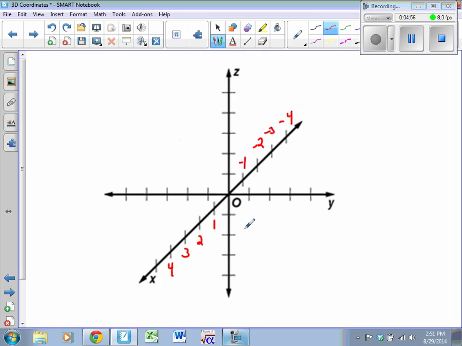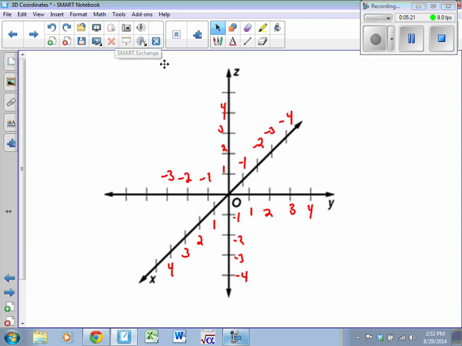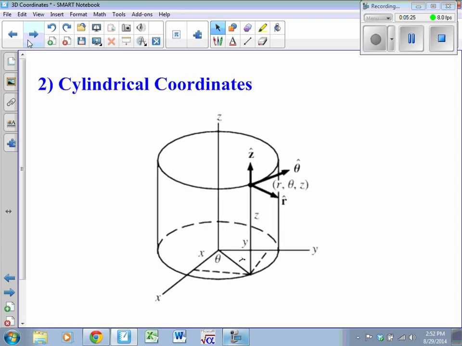And the y's and z's are just like we're used to: 1, 2, 3, 4, -1, -2, -3, and then the z's are 1, 2, 3, 4, -1, -2, -3, -4. I'm not sure if you need to label those, but now it looks really confusing once I put them all on there. But the positive x-axis is kind of coming out at you.